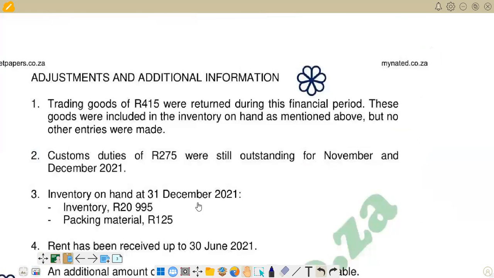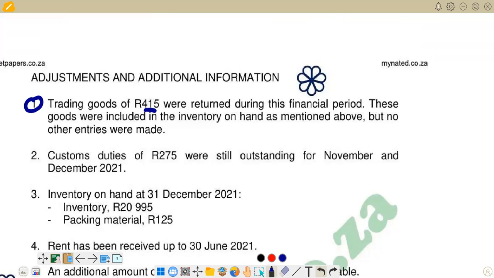Right, we go to additional information number 1, saying trading goods of 415 rands were returned during this financial period. These goods were included in the inventory end as mentioned above, but no other entries were made. So we've got some returns here, which is 415. So we're going to subtract 415 again.